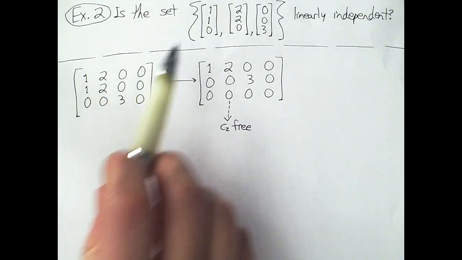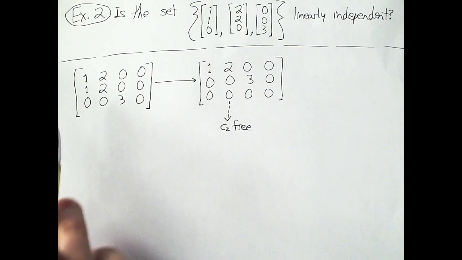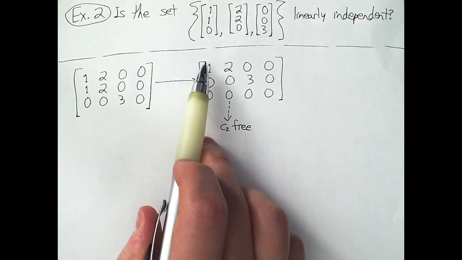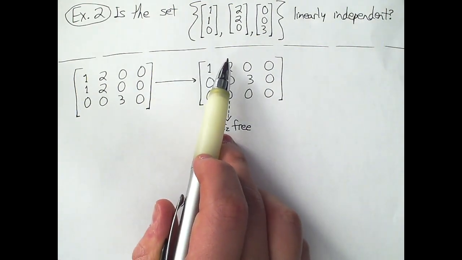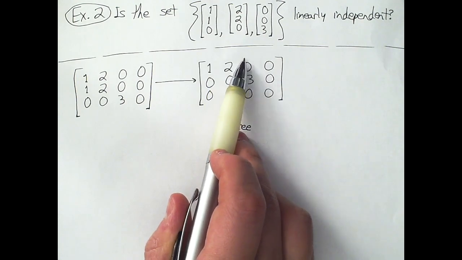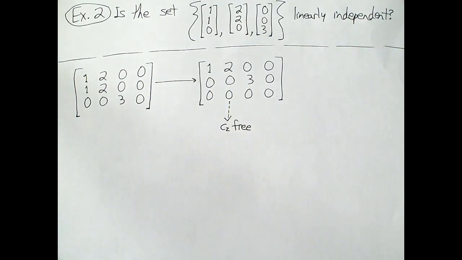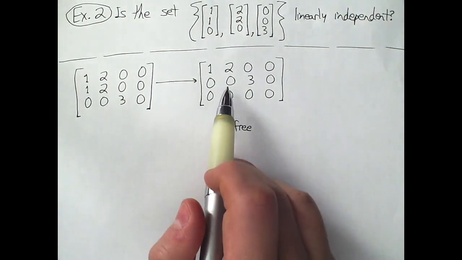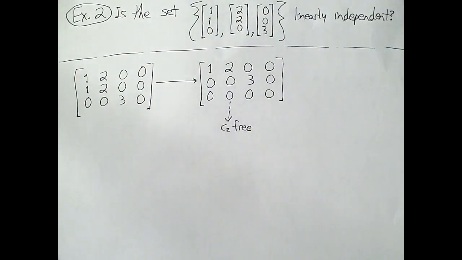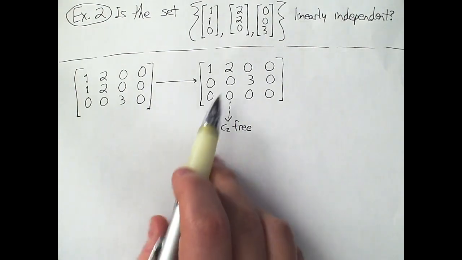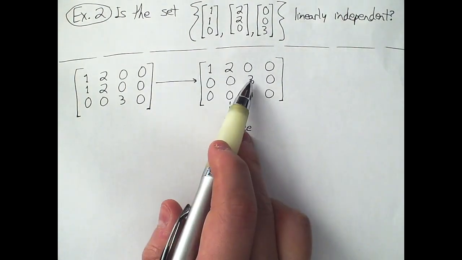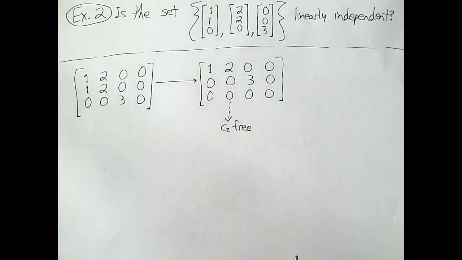Normally when we write out a linear system, the first column corresponds to the C1s, the next one is the C2s, the next one is the C3s, and the final one is the right-hand side. Well, there's no pivot in column 2, so that's going to be a free variable. And there are pivots in row 1 and row 3, so those are going to be basic variables.